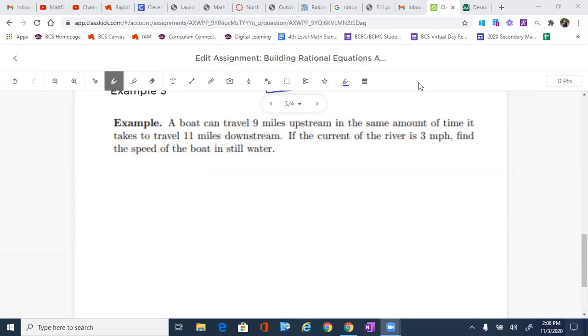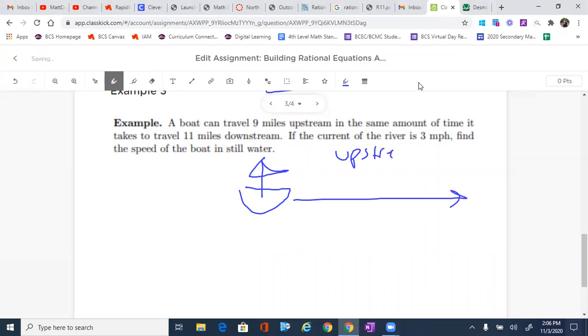We have a boat, which I'm going to draw a real fancy one. That boat can go upstream or it can go downstream. Upstream, it can go a total distance of 9 miles, but if it goes downstream, it can go 11 miles.